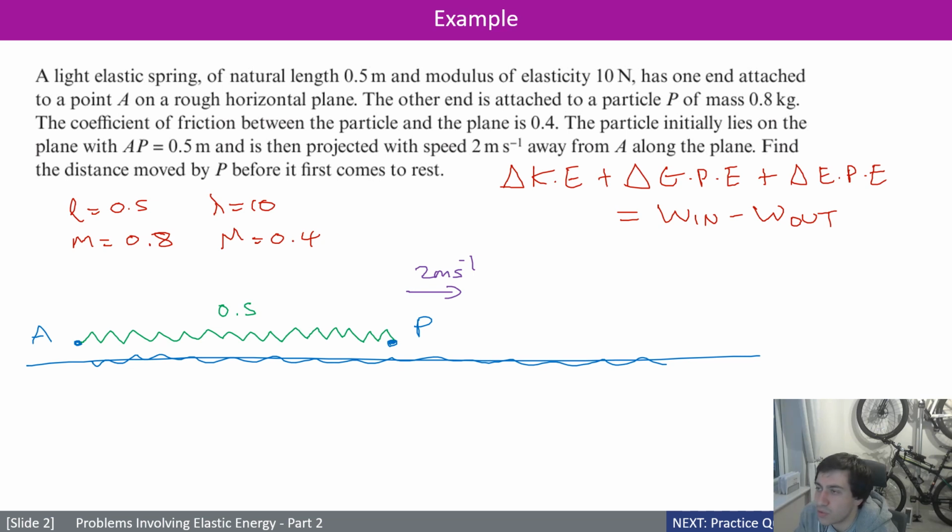Find the distance moved by P before it comes to rest. So what is this distance? What should we call it? I think we can call it X actually. X would be an appropriate name for it, because it does correspond to the extension of the spring in this case at that point, right?